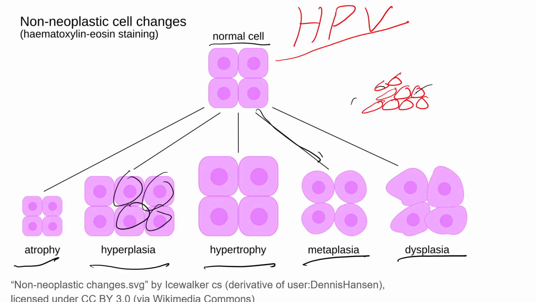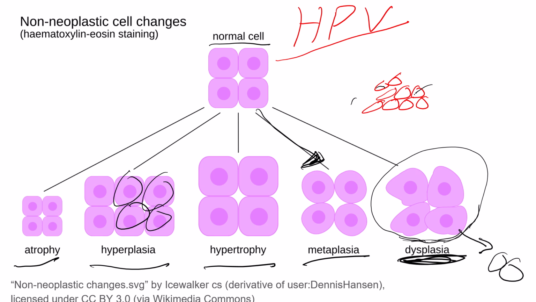Metaplasia is when they change, maybe to a new kind of cell, like for people who are smoking or exposed to lots of smoke, cells in their lungs could change. And then there is also dysplasia, where bad things happen to the cells, and they have messed up DNA. Their DNA is broken.